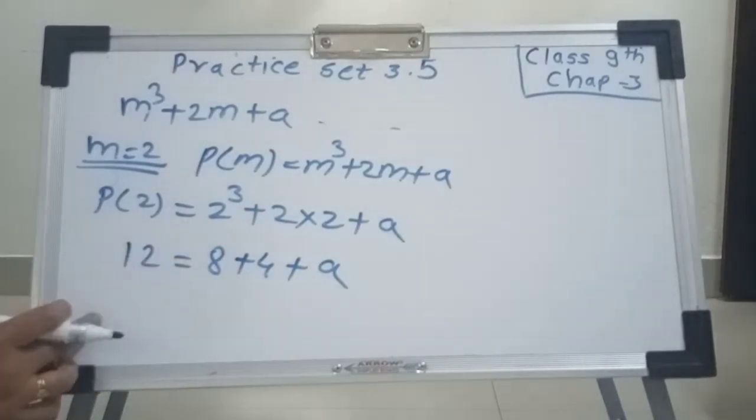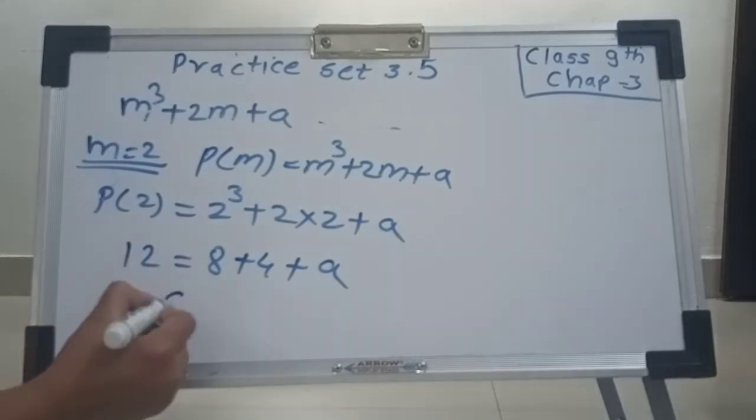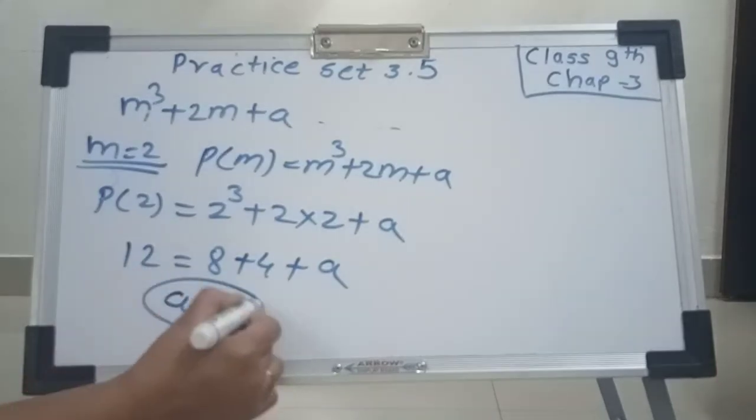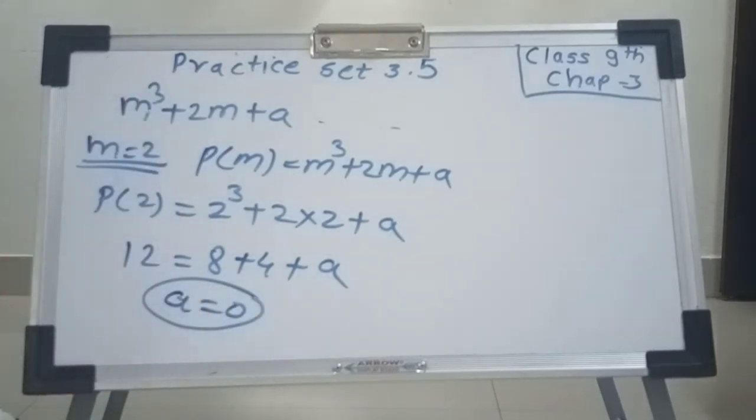Take this 12 this side, 12 minus 12 is 0, means a is equal to 0. For this polynomial m cube plus 2m plus a, the value of a is equal to 0. Understand? Value of a is 0.